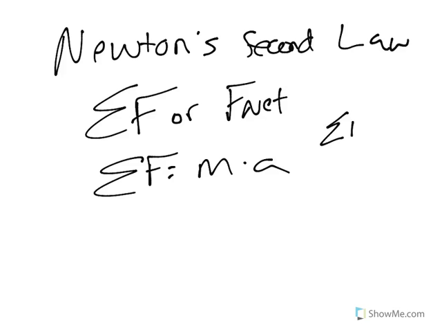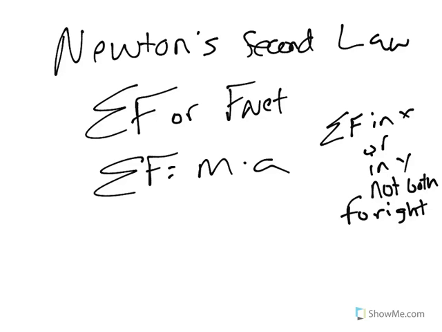So you can either sum up the forces in the x or in the y, not both at this point. So you should never have the force of gravity interacting with the frictional force. You can have it happen later, but for right now, that should not happen. So if you've done that, you've probably done something wrong, and you might need to check that out.